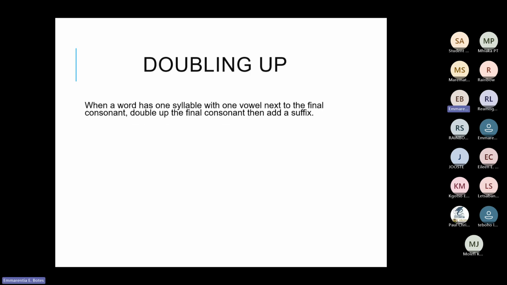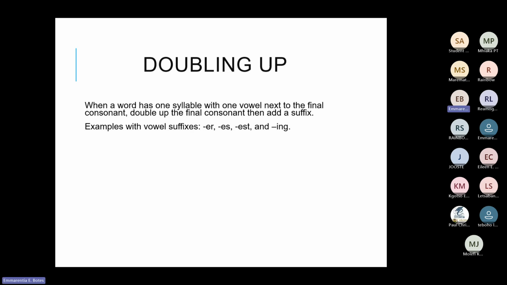When a word has one syllable with one vowel next to the final consonant, double up the final consonant, then add a suffix. Now this sounds really difficult, but it is not. We are going to look at examples with vowel suffixes: ER, ES, EST, and ING.